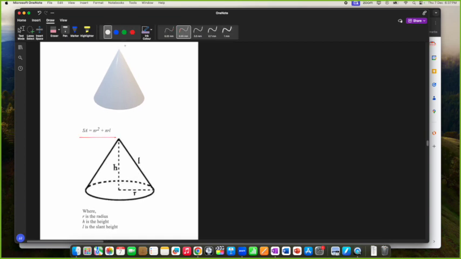And the formula for the surface area of a cone is pi r squared. You could tell that is the area of the circle underneath, plus pi r l, where l is the slant height, not the perpendicular height.